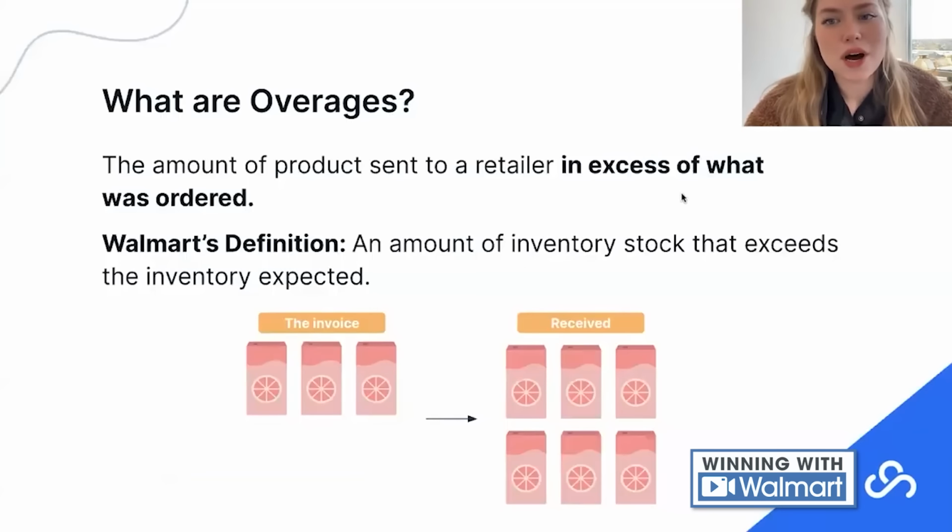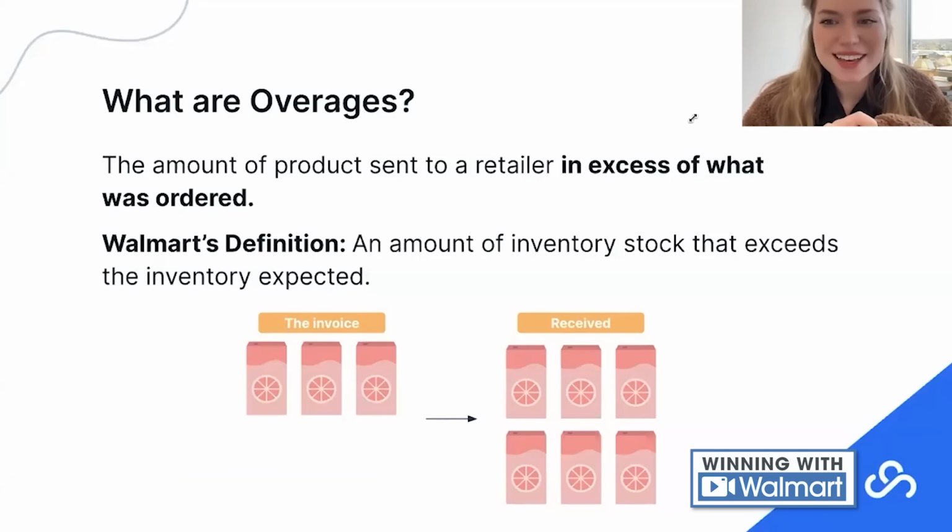Okay, so what are overages? They are kind of what it sounds like. Anytime you are sending products to Walmart and they're receiving them versus what they have purchased, an overage is an excess of what has actually been ordered. If you're sending more product than is expected, Walmart will consider that an overage.